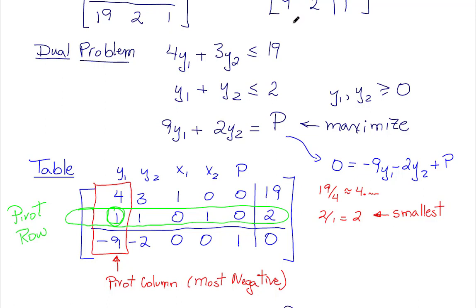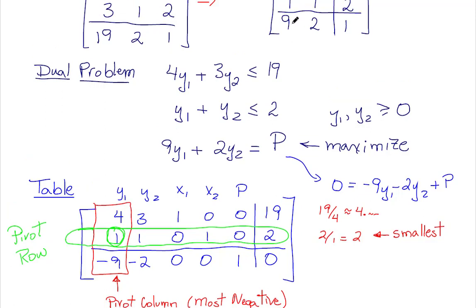P, the last row from the transpose here, we had 9, 2, and 1. So 9y1 plus 2y2 equals P, and we want to maximize that. So now, if we introduce the slack variables, x1 is here, x2 is there.